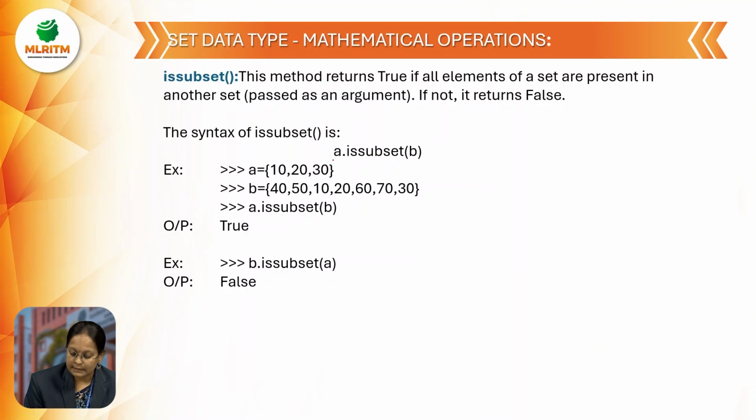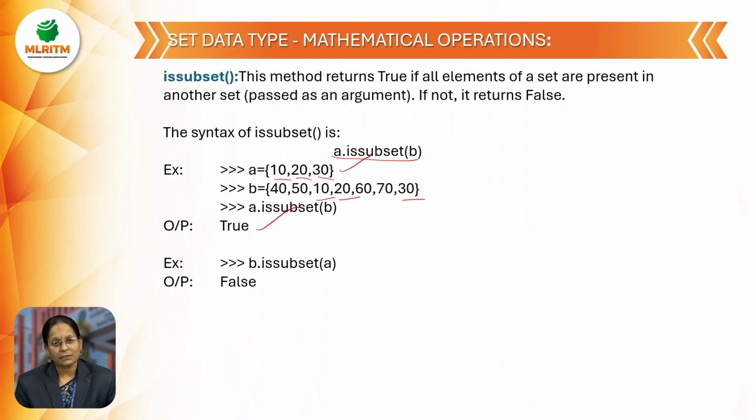The syntax is A dot issubset B. A has three elements 10, 20, 30 and B is equal to 40, 50, 10, 20, 60, 70 and 30. Here 10, 20, 30 are present in B. That's why it returns true, because A is a subset of B.